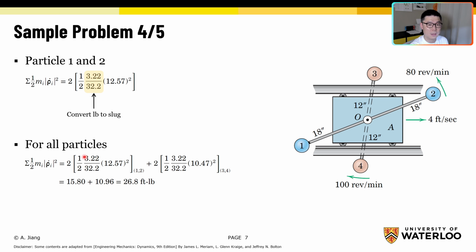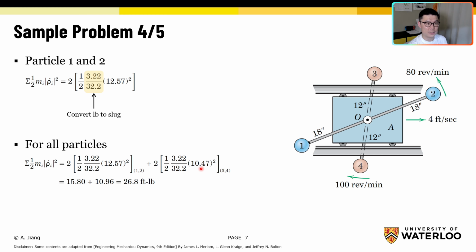This is essentially 1/2 mass velocity squared, the kinetic energy of particles 1 and 2, plus 1/2 mass velocity squared, the kinetic energy of balls 3 and 4, times 2, times 2, all added together. These are the kinetic energies, the absolute kinetic energy of each particle.